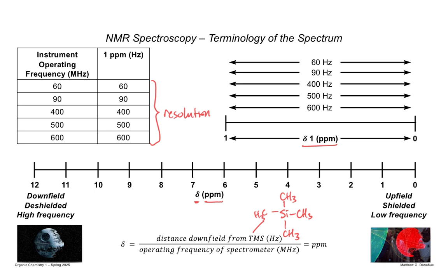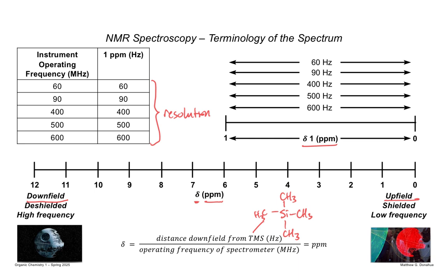So the distance downfield divided by the operating frequency of the spectrometer, hertz divided by megahertz, gets you parts per million. And I have this terminology here. Towards 0 is called upfield. That relates to the magnetic field strength. So upfield towards 0, downfield towards 12.